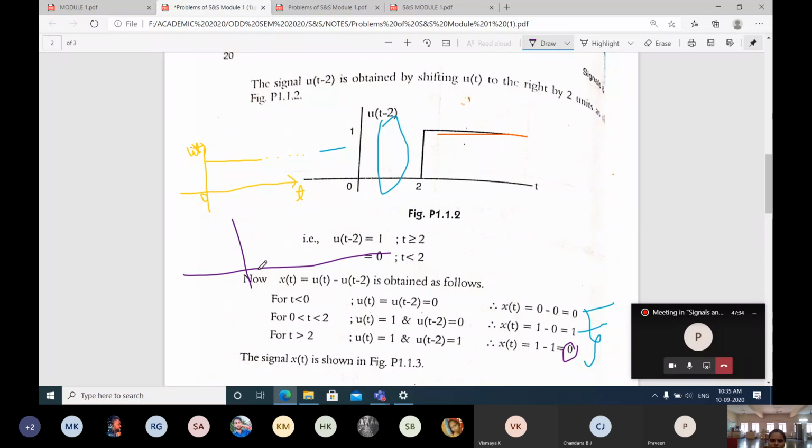From 0 to 2 here it is 1. Here it is not having any signal, 0. 1 minus 0 means 1 only. Till 2 it is going to be 1. Then from 2, if I take the position 2, from 2 it is 1.